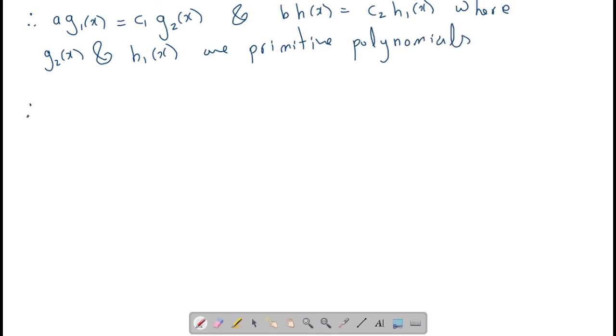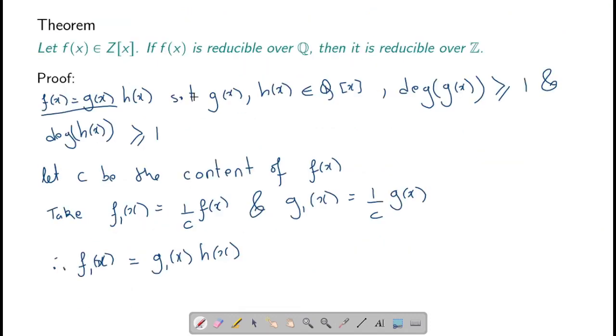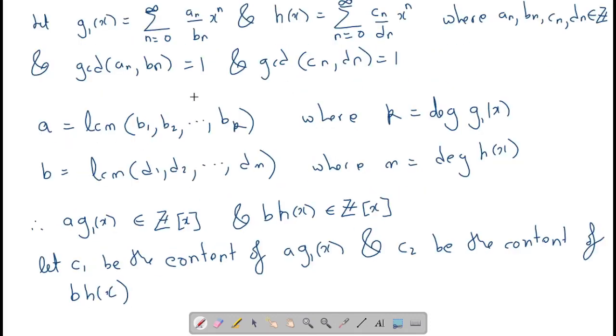Okay, so therefore what we have is ab times f1 of x. Therefore we have ab times f1 of x is equal to, as you know, f1 of x is g1 of x times h of x.